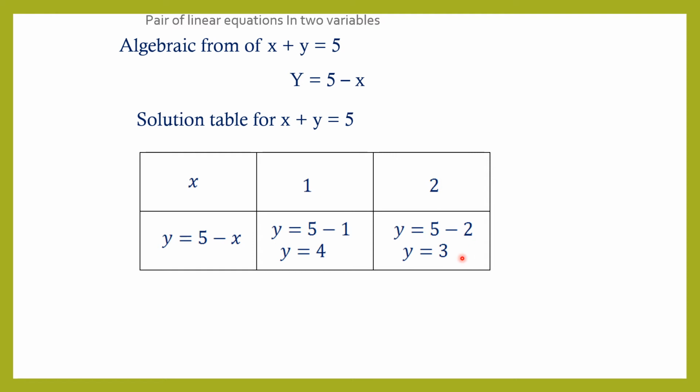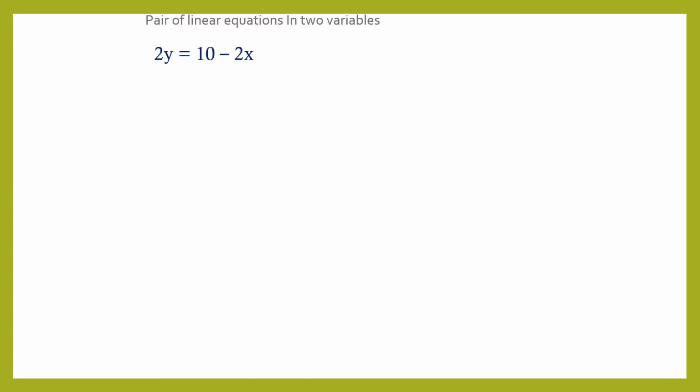Now we are coming to the algebraic form of the second equation, 2x plus 2y equals 10. This is written as 2y equals 10 minus 2x. Clear? 2y equals 10 minus 2x, so y equals (10 minus 2x) by 2.